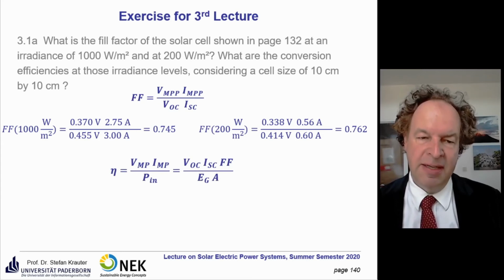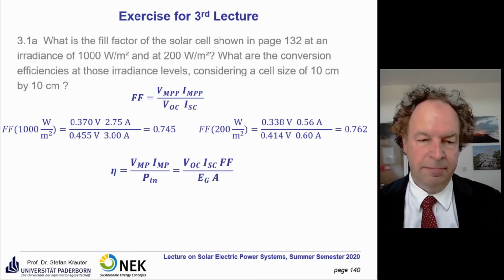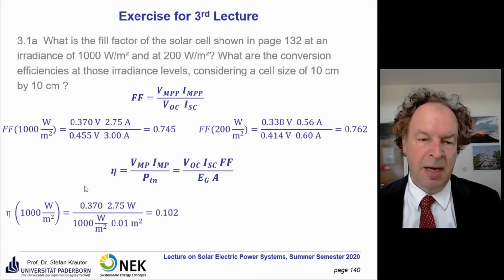More important is the conversion efficiency here. The output power is the electrical power: the voltage in the maximum power point times the current in the maximum power point. The input power is the irradiance times the effective area. So if you put these values in, we have 0.370 times 2.75, volts times amps, which is watts.